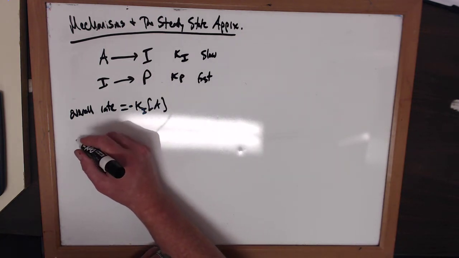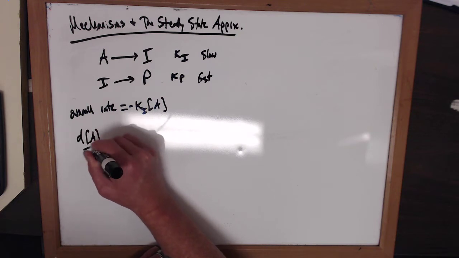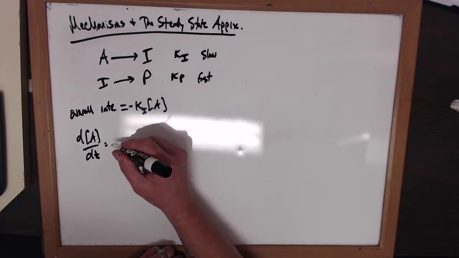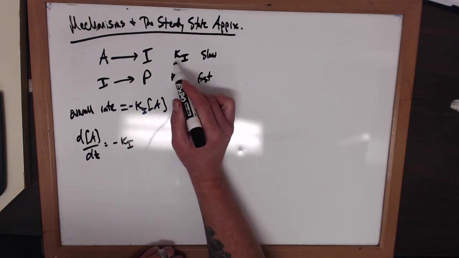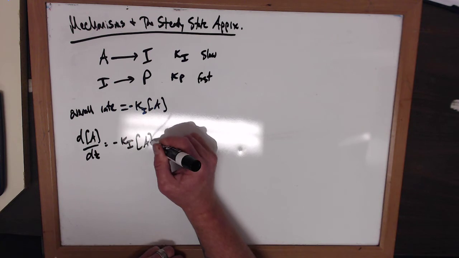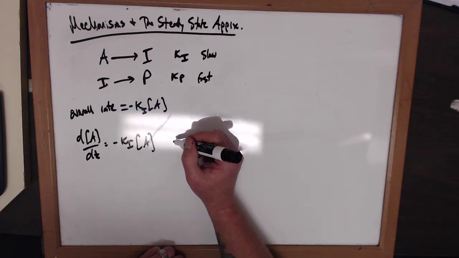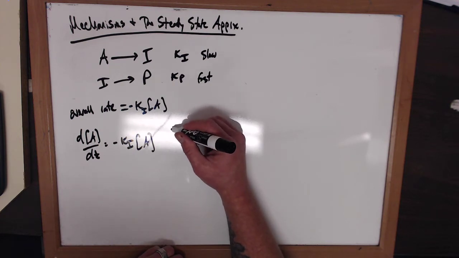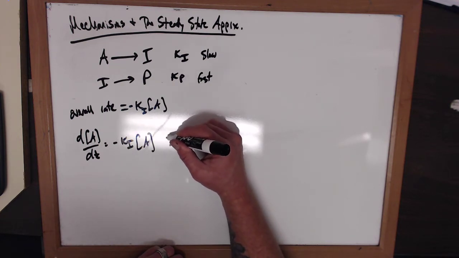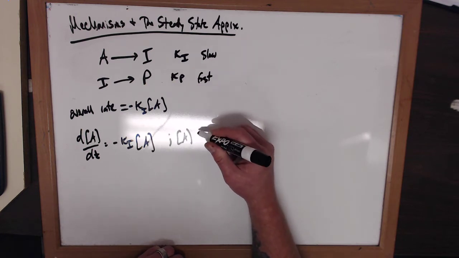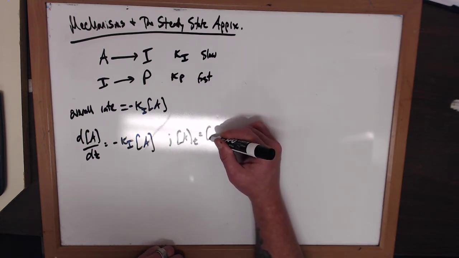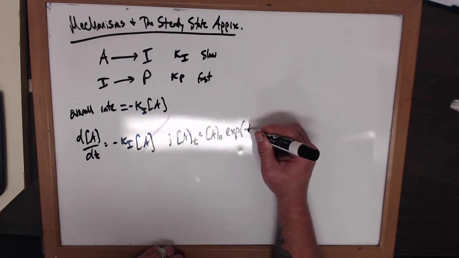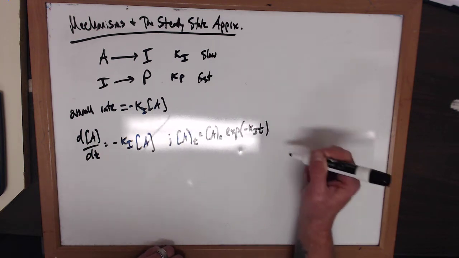So dA dt is going to be negative Ki times A, and that's the only appearance where we see A. And recall, we've solved this before, and this gives us our first order decay in A, which would go as A at any time t equals A initial times exponential of negative Ki t.